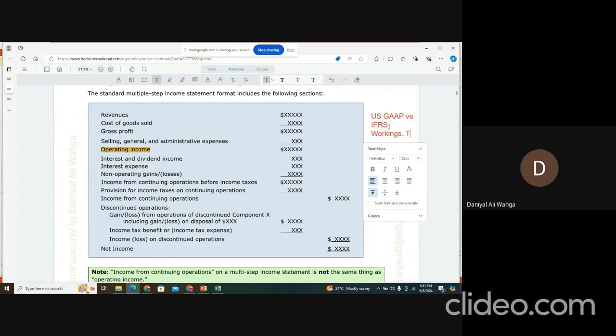All these things are majorly points of differentiation between financials. In the US, you prepare a different type of financials, and there are some different rules than IFRS. If you look at different things, how these relate to each other, you get to see income from continuing operations. I'm going to underline those for you.